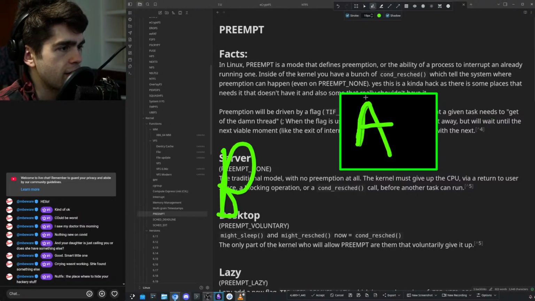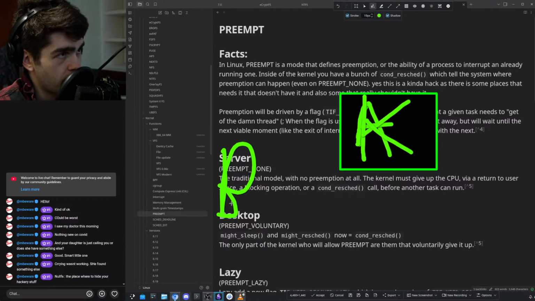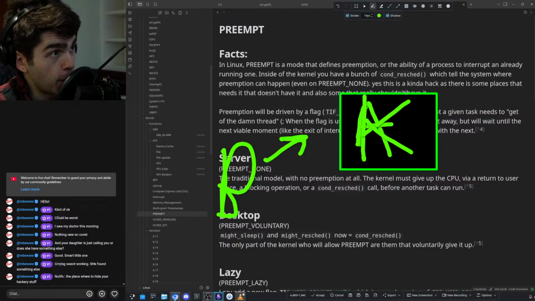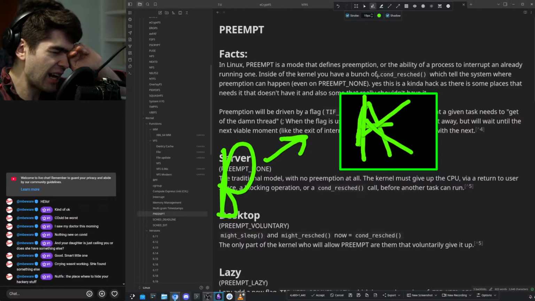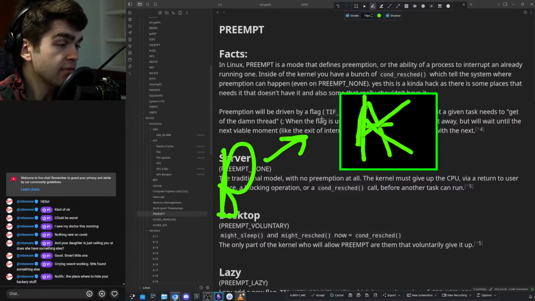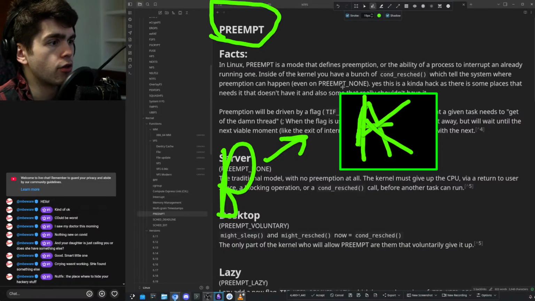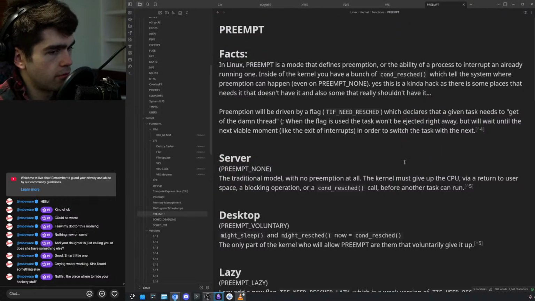Or, well, more precisely, something from the kernel running, and you've got process B that wants to go onto it. So when can it jump on the core? When should we allow it to do that? Should we even allow it to do that? Those questions are answered through preemption. So yeah, just to make this simple, the ability to get off the core is preemption. So removing process A is preemption.